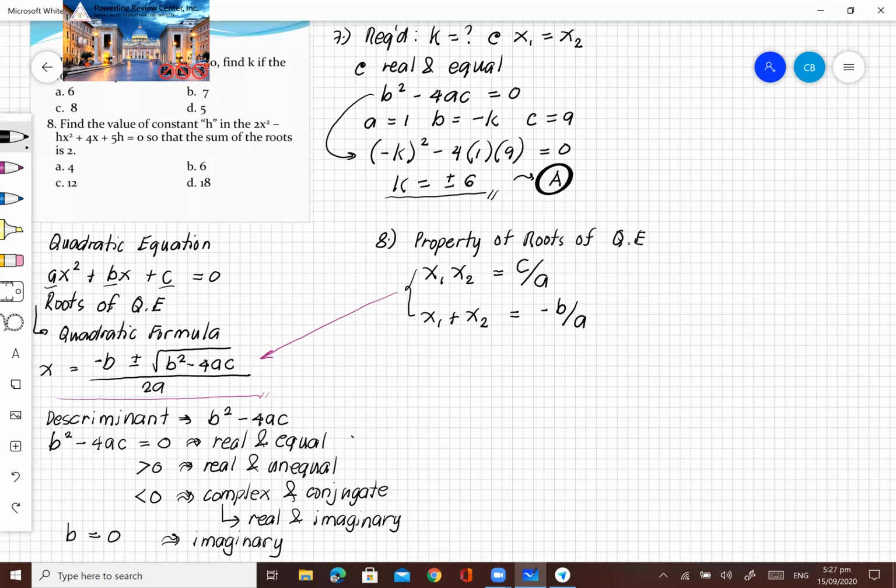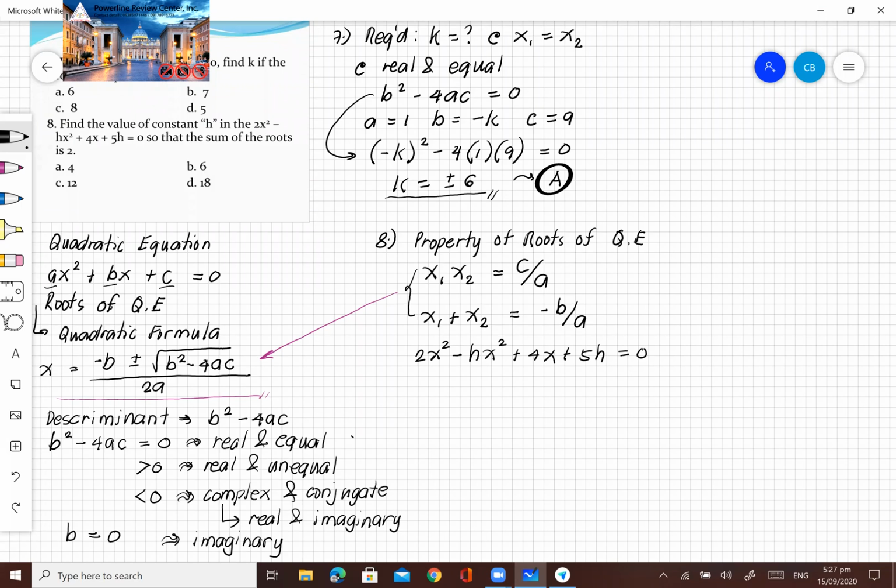So based on our quadratic equation, I just rewrite here for problem number 8. So the quadratic equation is 2x squared minus hx squared plus 4x minus 5h equal 0.